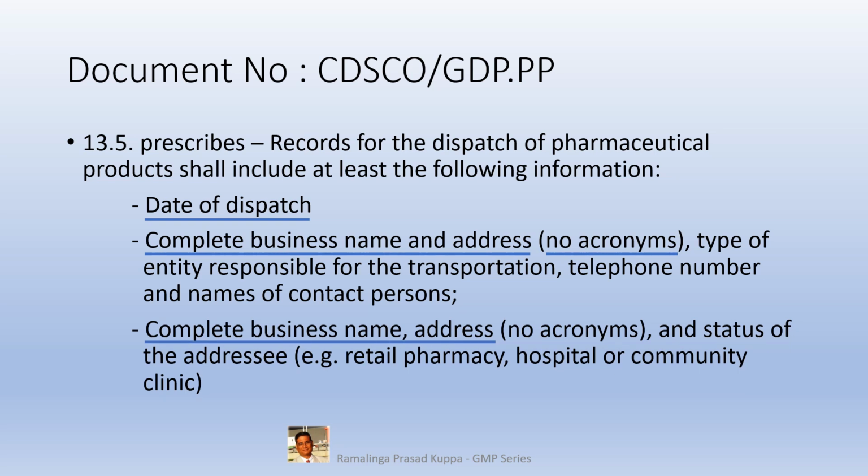Complete business name, address, no acronyms, and status of the addressee. Example, the retail pharmacy, hospital or community clinic. In this, the details of retail pharmacy, hospital and community clinic are also included.